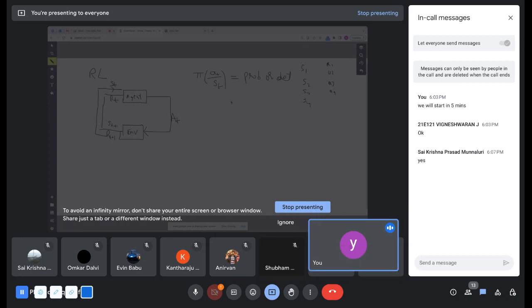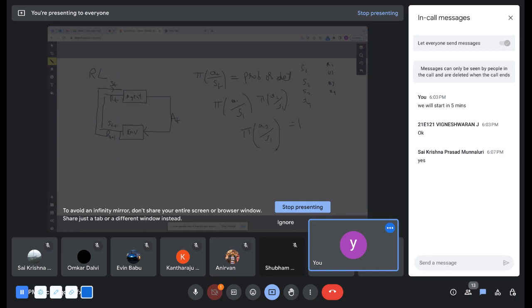By probabilistic, I mean if you are in state s1, there is some probability that you select action a1 and a probability that you select action a2, and these all sum to one. By deterministic, I mean if you are in state s1, your policy is such that you always choose action 3.